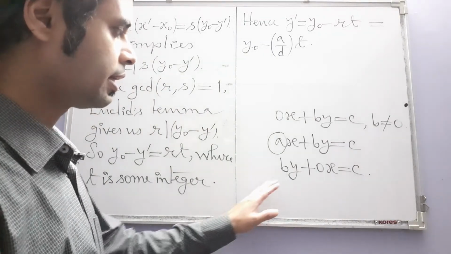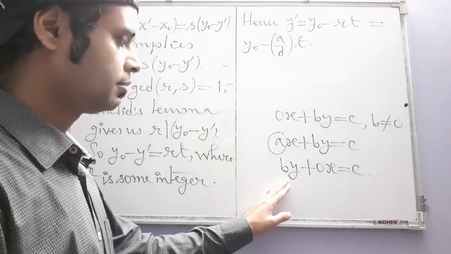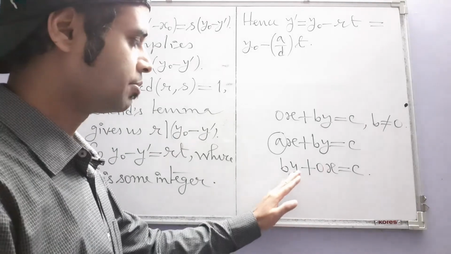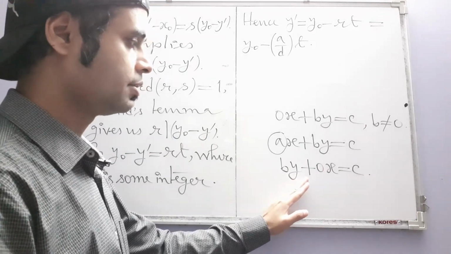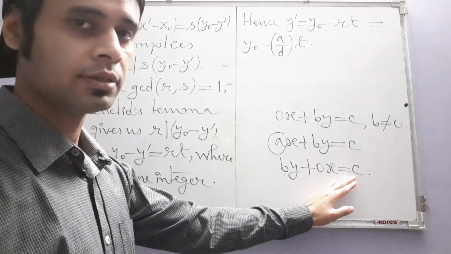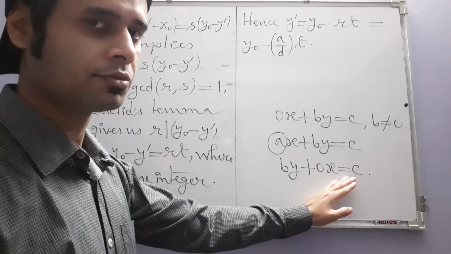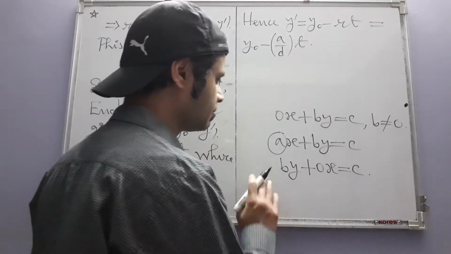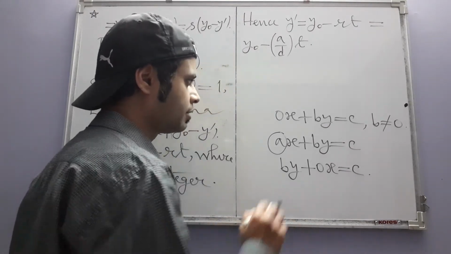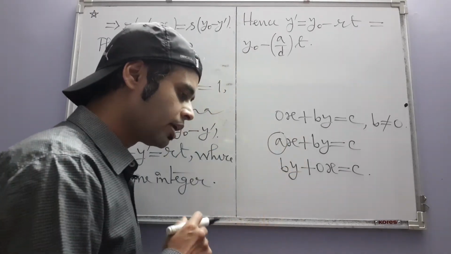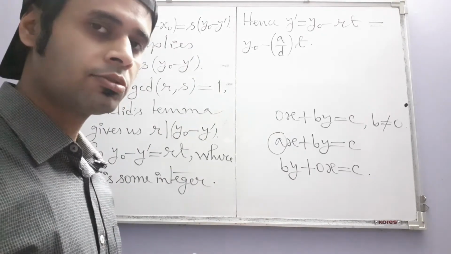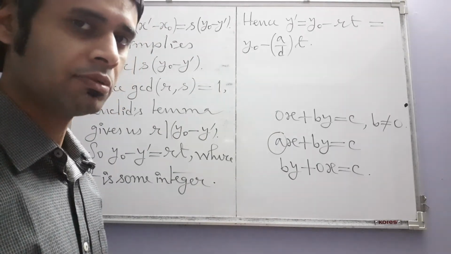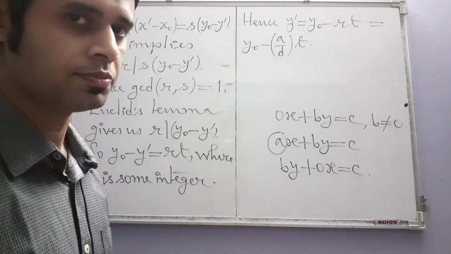But you would say that no, we are actually losing generality because this is not x, this is y, and this is x. They are different variables. Of course, they are different variables, but related by this equation. But the fact is that it does not really matter which one you call x and which one you call y. These are just simply names.